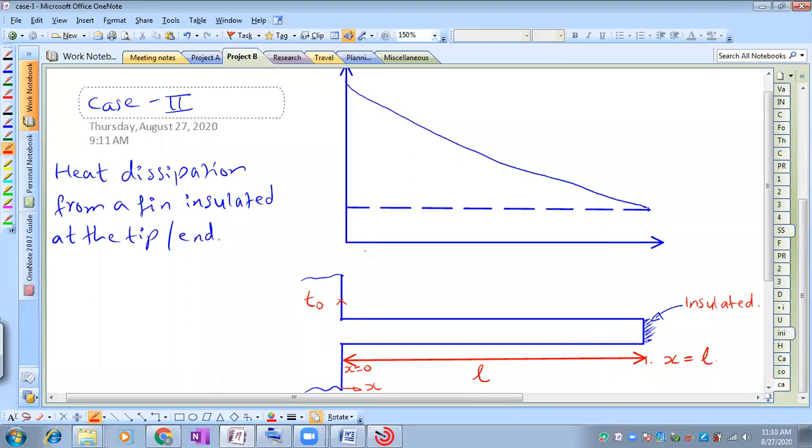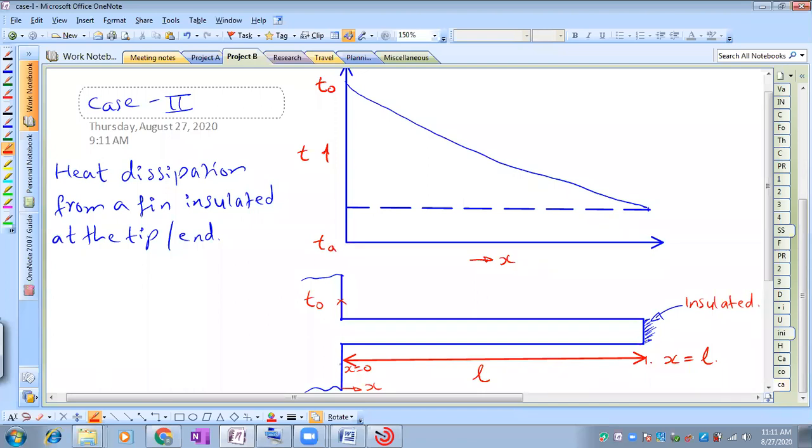Now, on the X-axis I take the length of the fin, and on the y-axis the temperature of the fin. When X is equal to 0, my fin base is at maximum temperature. So this is the maximum temperature on the y-axis, and this is the ambient temperature TA.